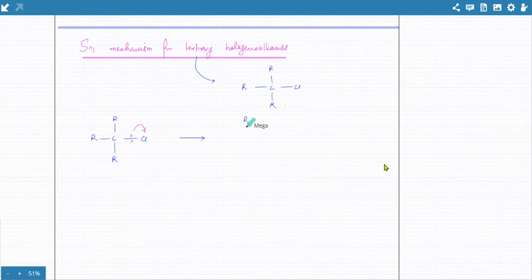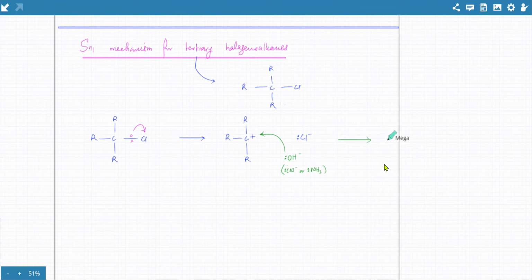In the next step, the OH minus one or any other nucleophile, CN minus one or NH3, with its extra electrons is going to move in and quickly bond with the carbocation. And you get your final product in this way.